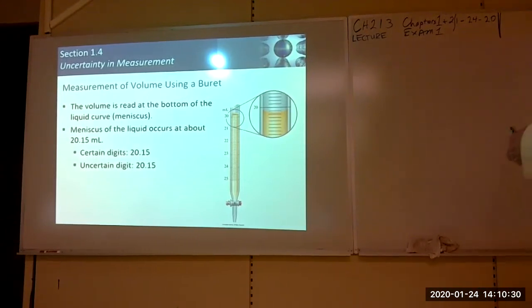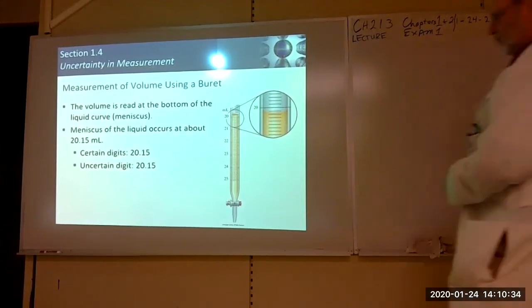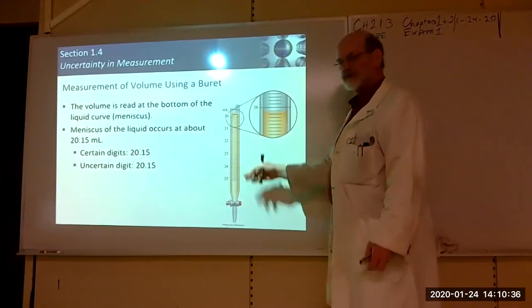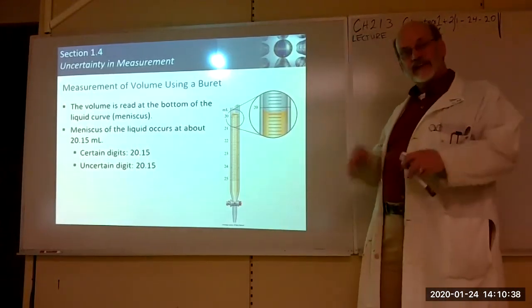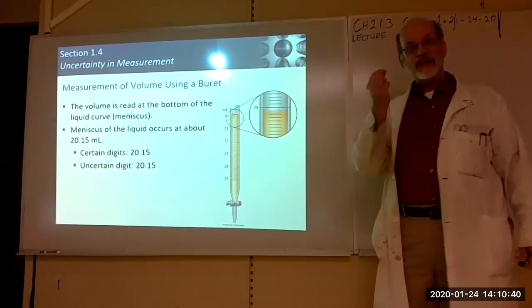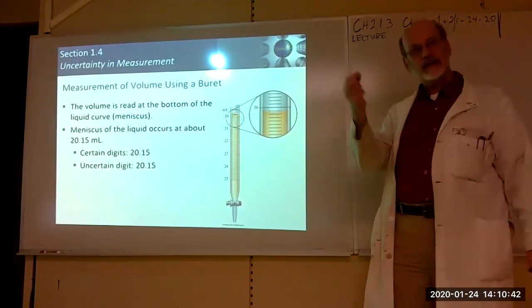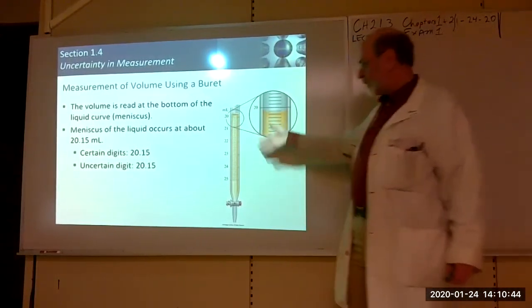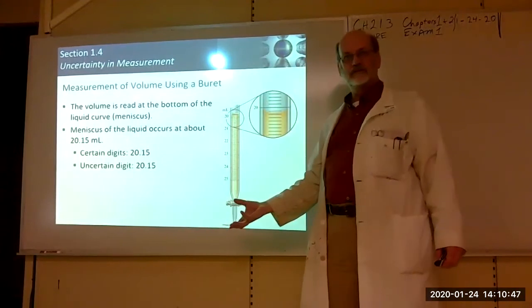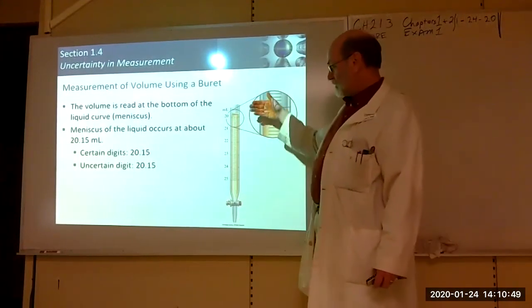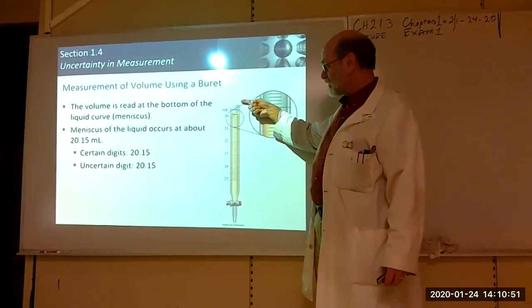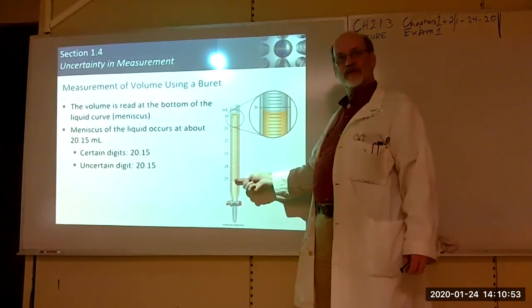I don't know if I made the correction to this slide yet. So this is a burette. Okay? It's a special type of glassware that delivers an exact, as close as you can get, volume of something from the burette into a container. Right? So you'll notice that it's numbered from the small numbers high to the large numbers low.